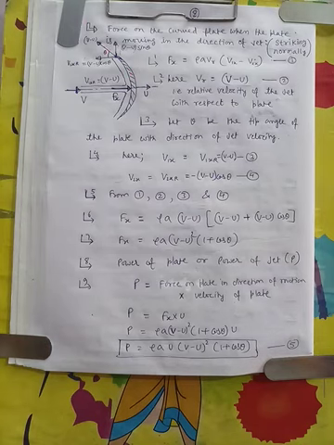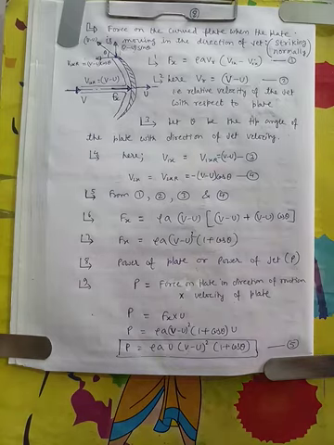So the final relative velocity along the x-axis will be (v minus u) cos theta, where theta is the tip angle. So the initial v1x is the initial relative velocity of the jet with respect to the plate along the x-axis, v minus u, and the final v2x is the final relative velocity along the x-axis, (v minus u) cos theta, and it is negative, so minus (v minus u) cos theta.